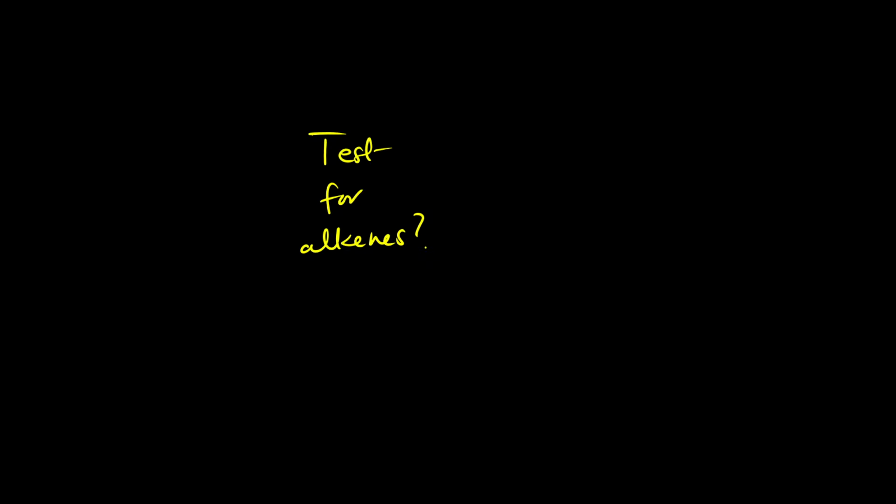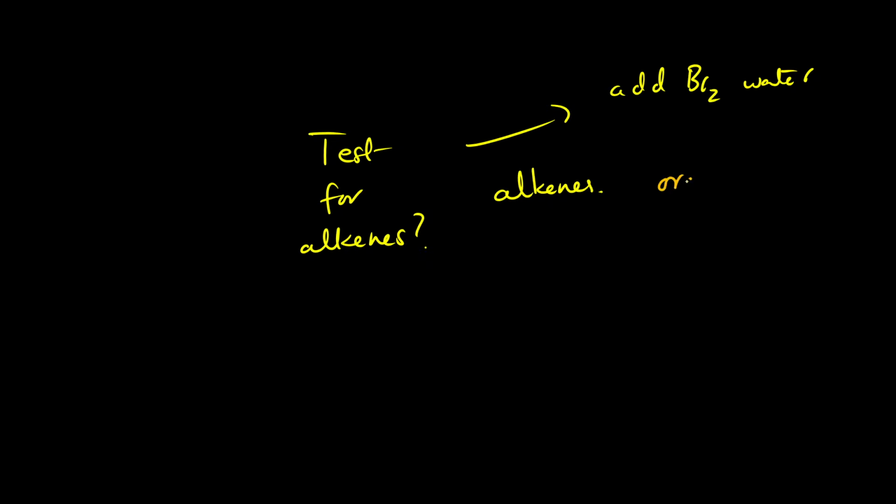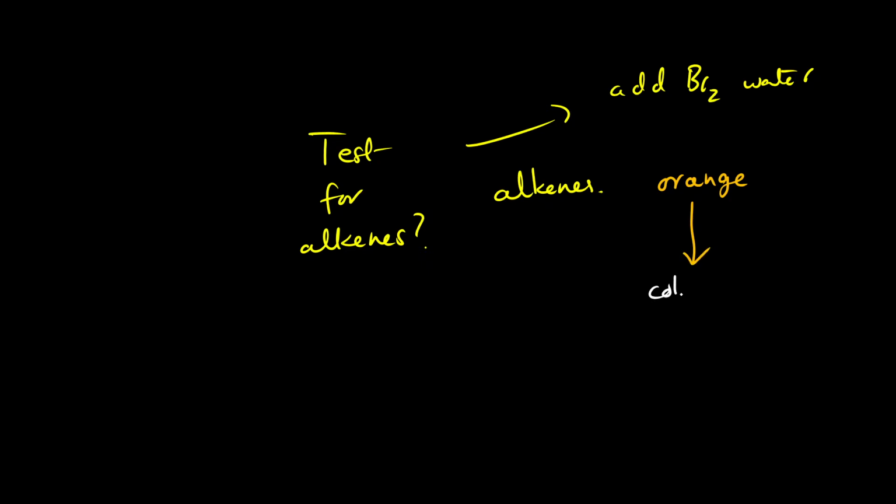No worries. It's bromine. You could add bromine water. Naturally, bromine is orange, and if you add alkenes to it, it goes from orange to colourless.